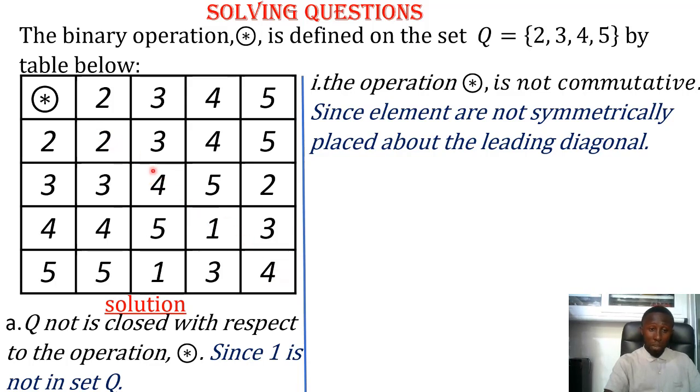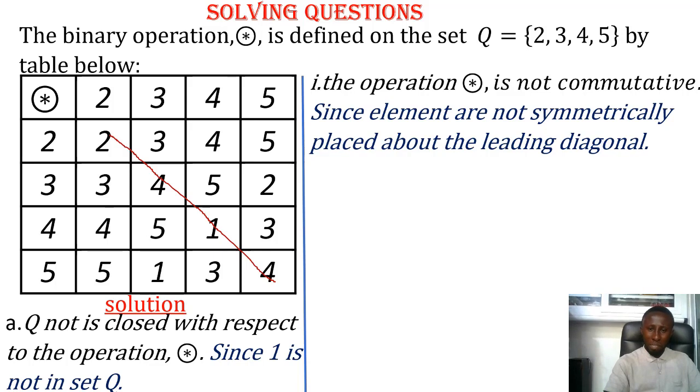We are saying that the elements are not symmetrically placed about the leading diagonal. Apart from my leading diagonal 4, 2, 1, we have 3 here, and that is not placed symmetrically.